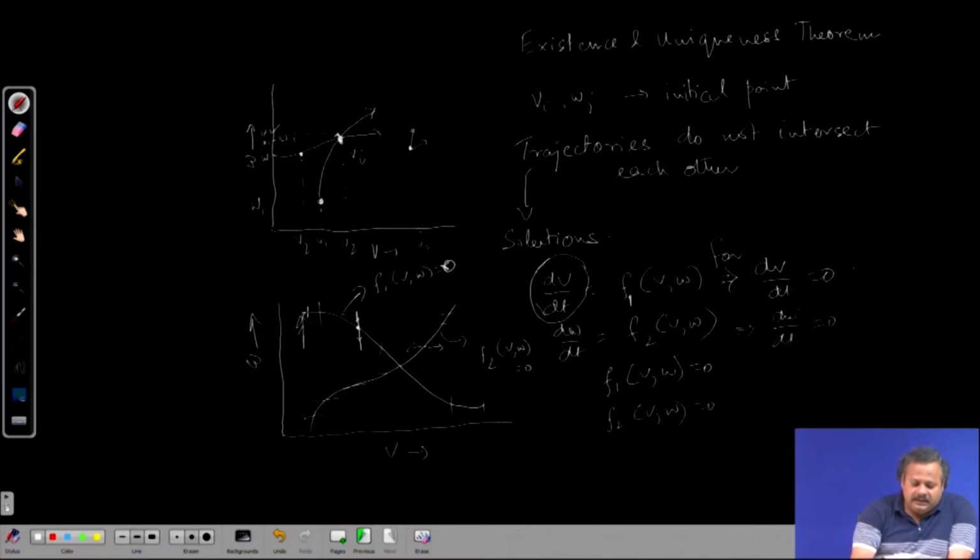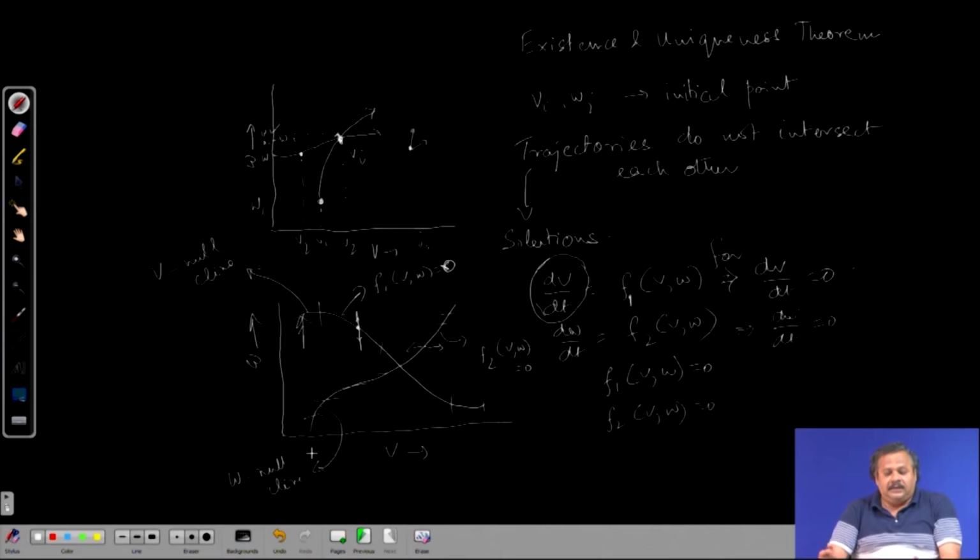This particular one would be called the V null line, and this particular one will be the W null line, or if the state variables are x and y, then the x null line and y null line, or whatever the variables are.